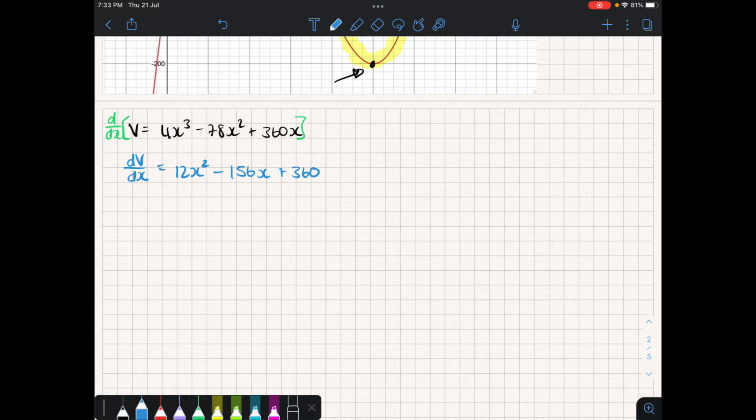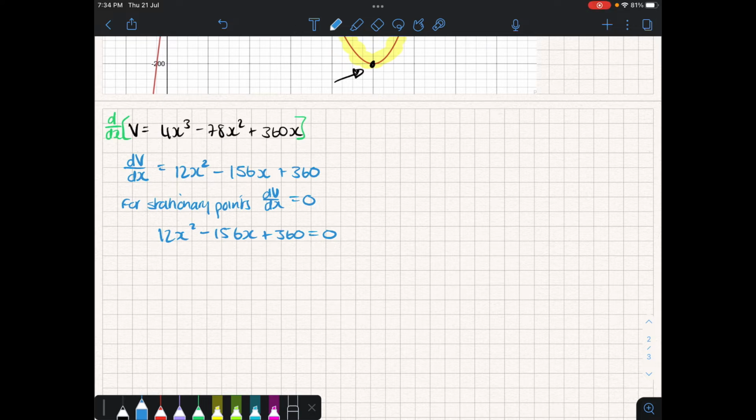And so I can state for stationary points dv on dx, the gradient function, should be equal to 0, right? Because the gradient is 0 when I have a stationary point. So we'll just solve the equation, 12x squared minus 156x plus 360 equal to 0.